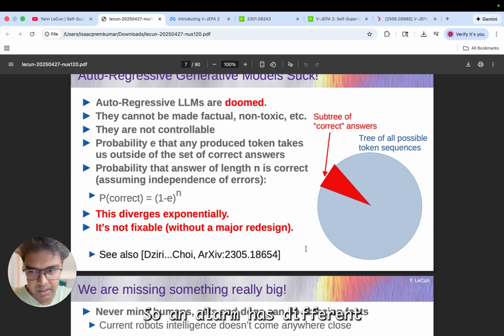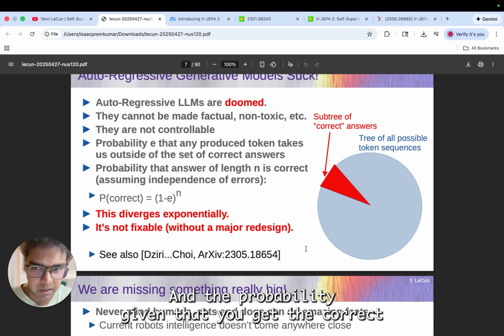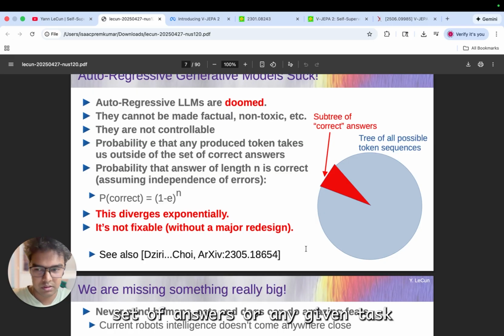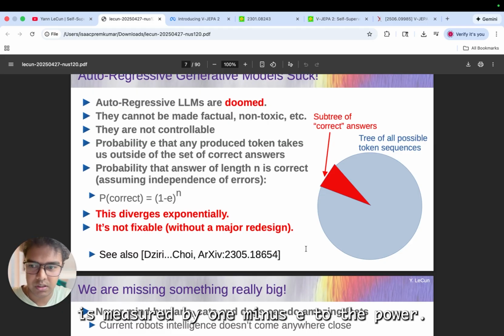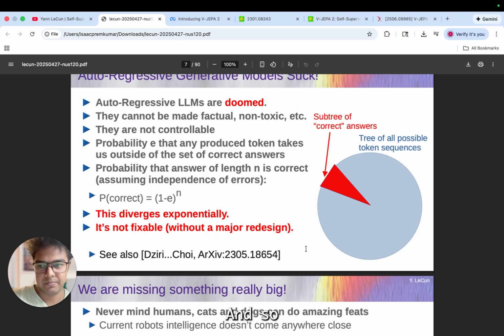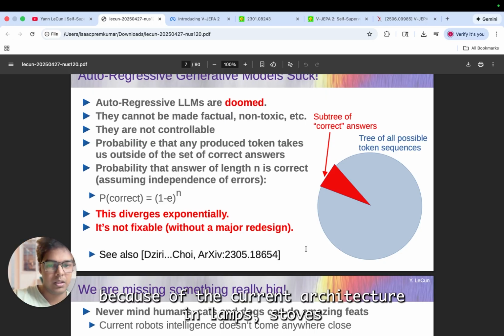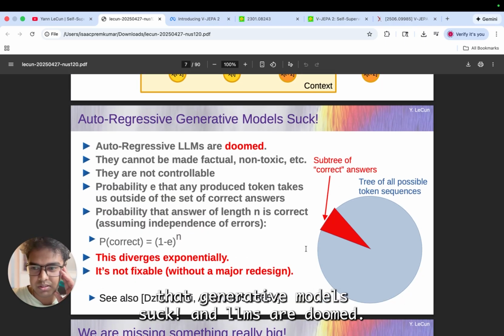So an LLM has different types of outcomes or possibilities, and the probability that you get the correct set of answers for any given task is measured by 1 minus e to the power n. So this diverges exponentially and it's not fixable because of the current architecture in LLMs. It tells that generative models suck and LLMs are doomed.